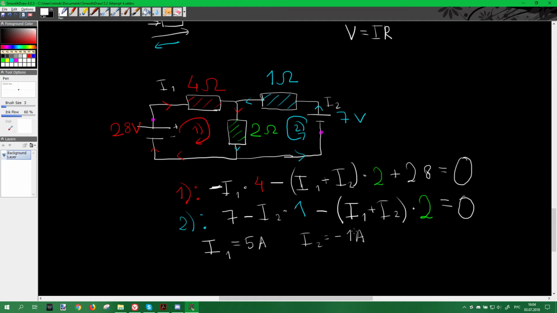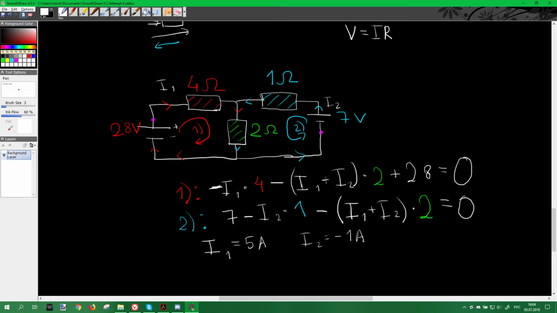Okay, we need to think whether it makes sense, because sometimes you might get something wrong, and it's good to ask a question at the end of the exercise. Does the answer make sense, or did I make a mistake? 5 amps, the current that goes through this battery, kind of makes sense. It's the same magnitude, it's positive. However, the second answer is negative. Does it make sense?